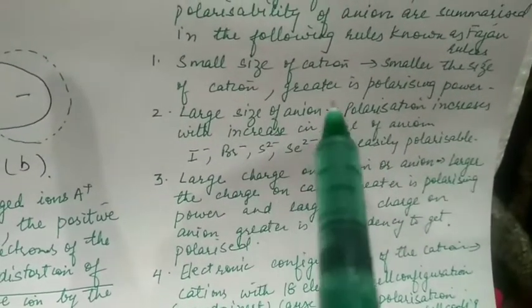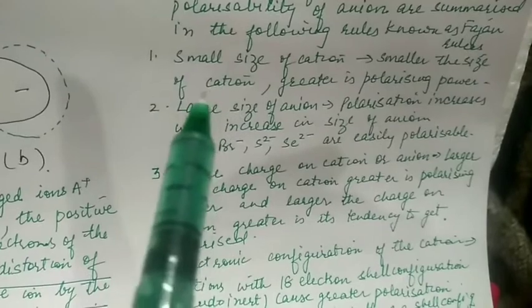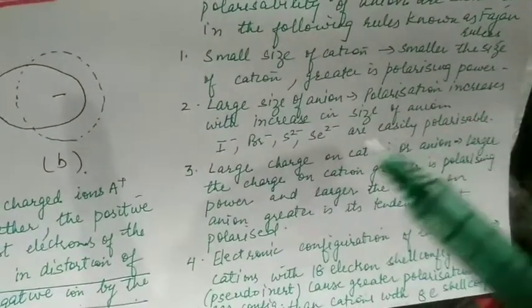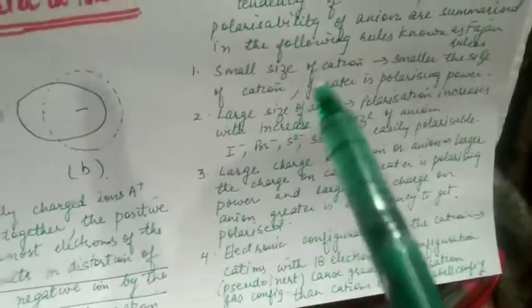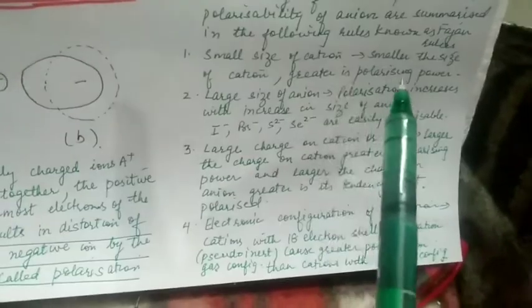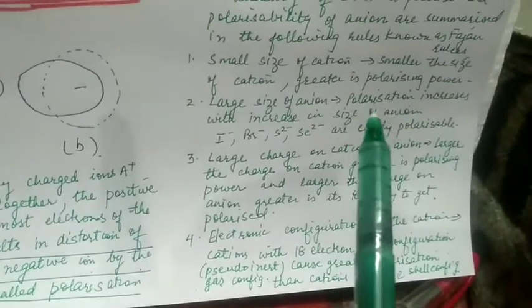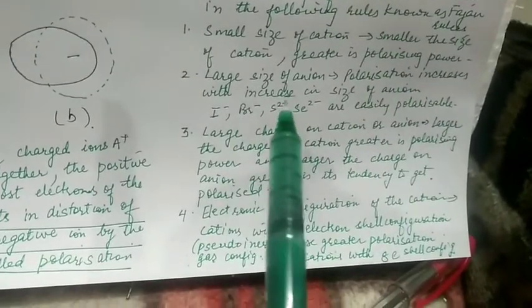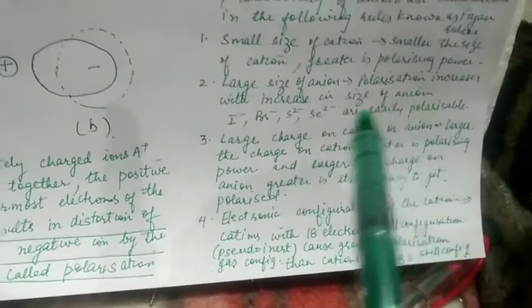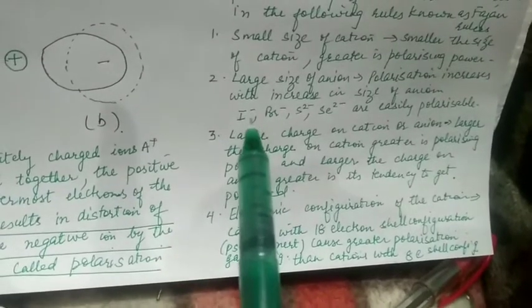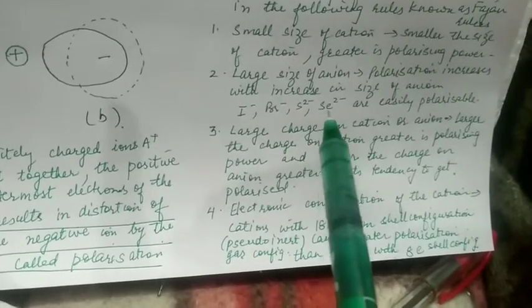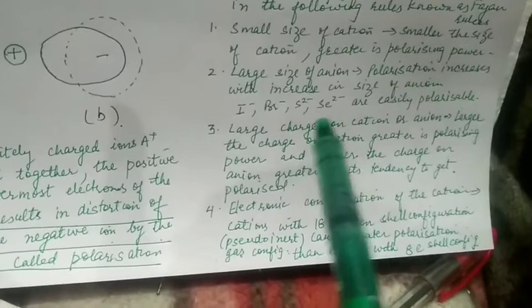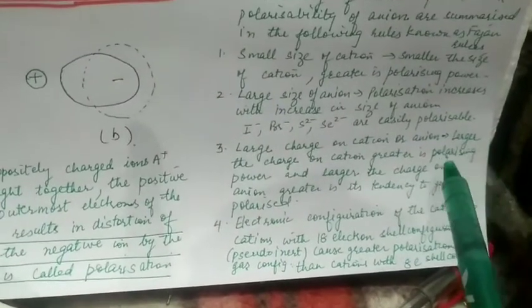So lithium chloride will be having covalent character, whereas sodium chloride is ionic in nature. Large size of anion. More the size of anion, more is it polarized. Polarization increases with the increase in size of anion. That is why the ions like iodide, bromide, sulfide and selenide, which are bigger in size, are easily polarizable.